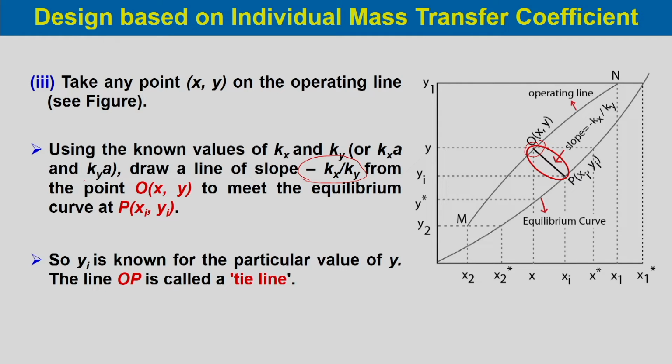The line OP over here is called the tie line, which will give the interfacial concentrations xi and yi.